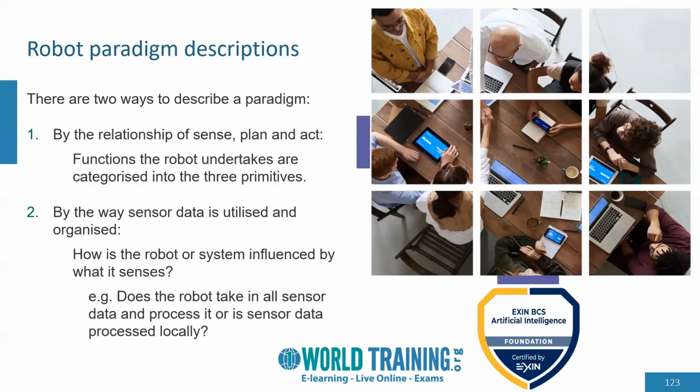Does it get sent to a central place for processing, or is it processed locally in the machine? These are the critical aspects which have to be considered. So, as we said, the robotic paradigms can be described in these two ways.